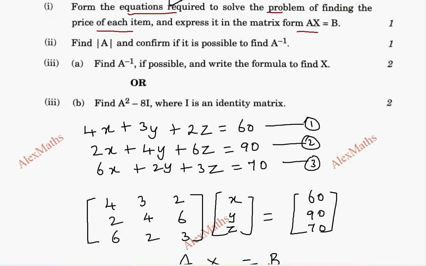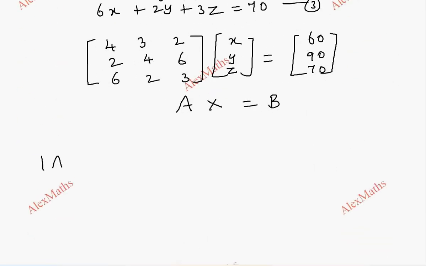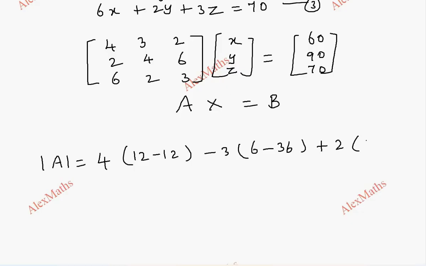After this, second subdivision, we have to find A determinant. So A determinant will be 4 into (4 3s are 12 minus 12, 6 2s is 12), then minus 3 into (3 2s are 6 minus 6 6s are 36), plus 2 into (2 2s are 4 minus 6 4s are 24).